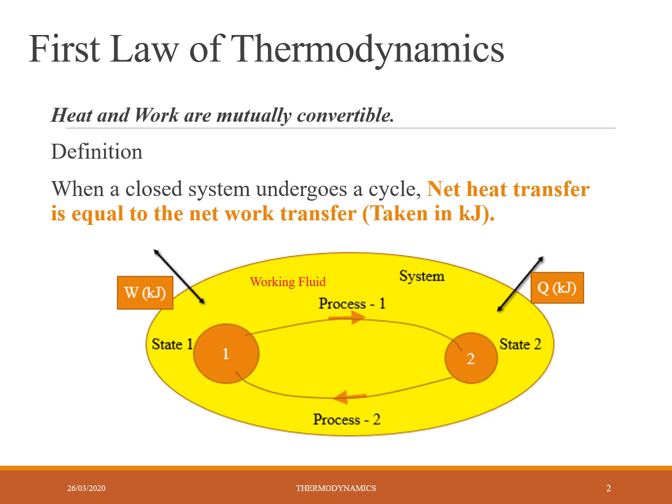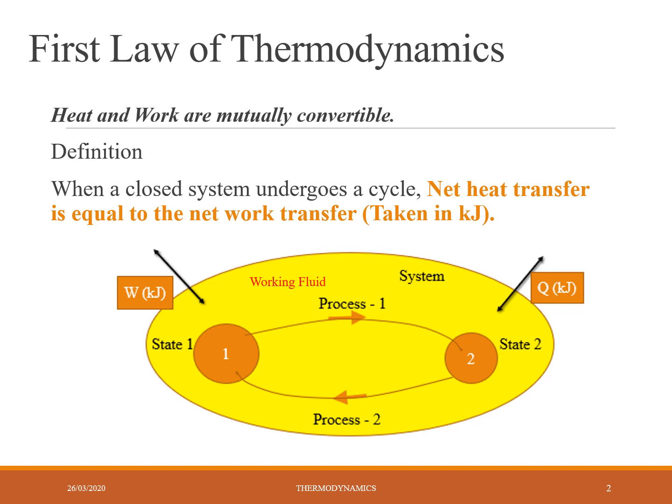So finally, what you should remember is the definition: when a closed system undergoes a cycle, net heat transfer is equal to the net work transfer, taken in kilojoule. Then what is the practical, industrial law?